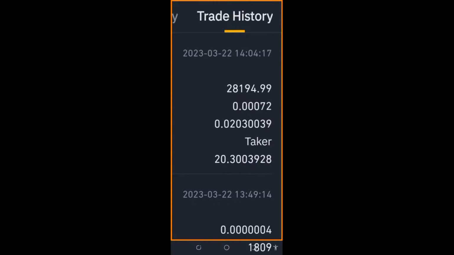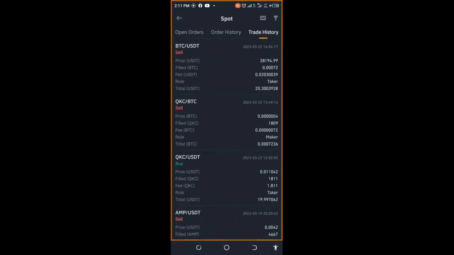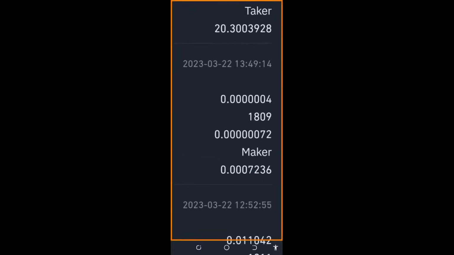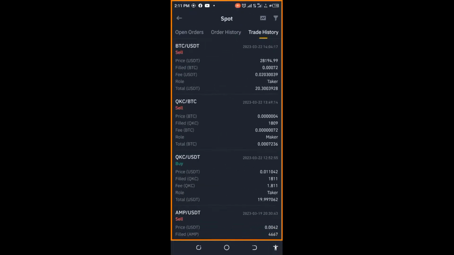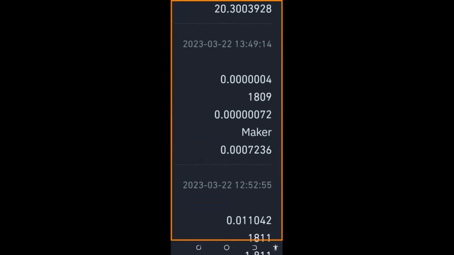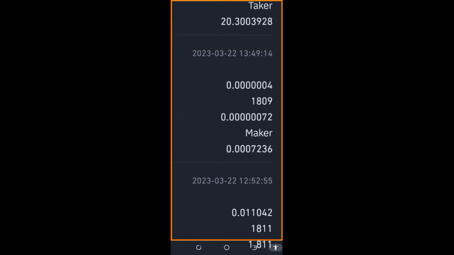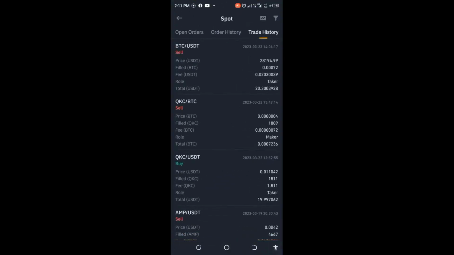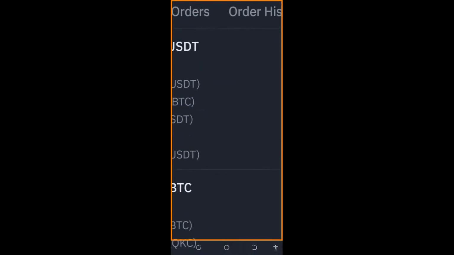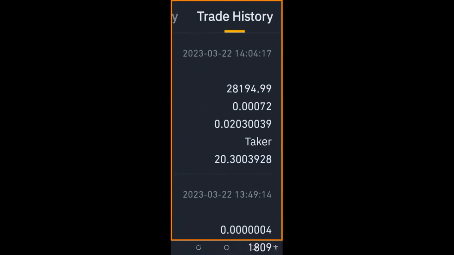We had 20.30 here, but don't forget that in the process we actually paid fees for QKC BTC. Did we? Yes, we did pay a fee. That's the amount of fees, as you can see there, 0.000072. But we didn't pay any fee? Oh yes, we did. We paid a USDT fee here, about 2 cents.